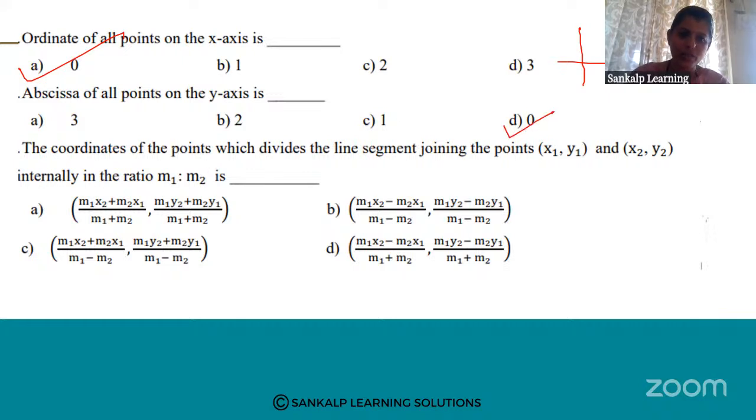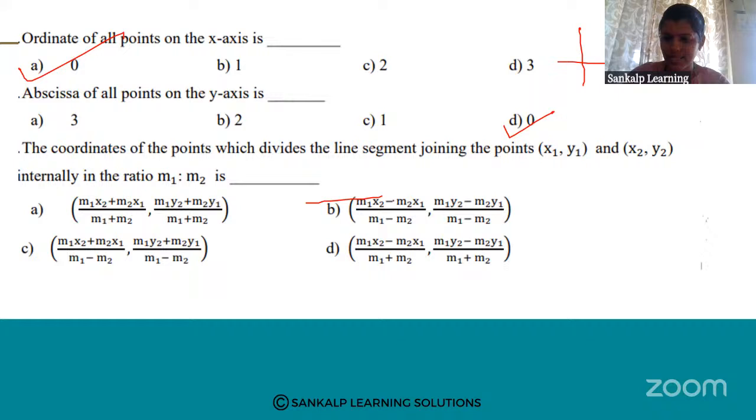The coordinates of the point which divides the line segment joining the points (x1, y1) and (x2, y2) internally in the ratio m1 is to m2 is, that means here we have to write the section formula. So which formula is right here? Which option is right? Option with m1 x2 plus m2 x1 divided by m1 plus m2, m1 y2 plus m2 y1 divided by m1 plus m2.